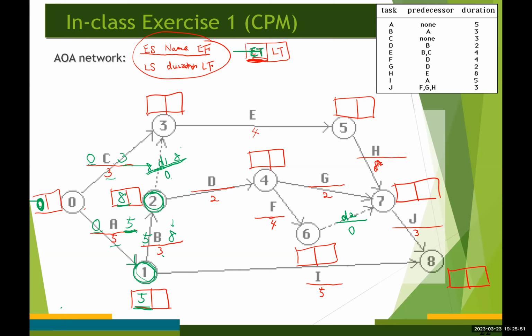Now we need to determine the earliest time for event number 3, right? Because event number 3 represents the completion of both activity C and dummy activity 1, what you need is just to take the largest value between these two, 3 and 8, right? So we're going to have 8 up here.